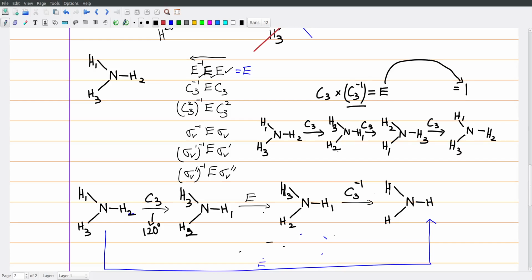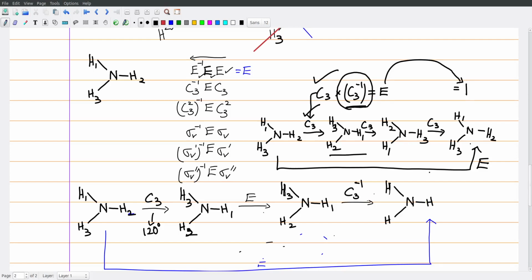Now, what is the relationship between this and this? You can immediately say that it is E. So I started with C3. How many operations of C3 do I have to do so that I get E? I have done a C3 here, a C3 here, and a C3 here. Now, how many operations did I do here so that I get E?